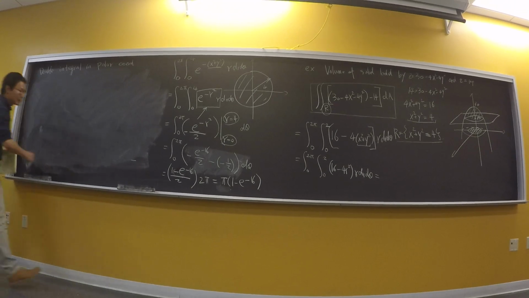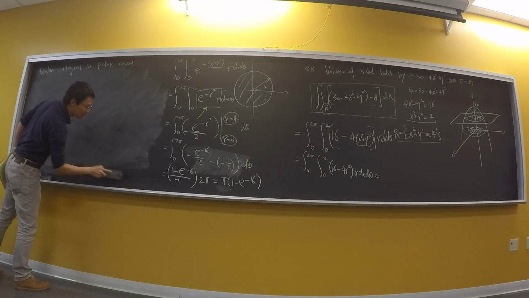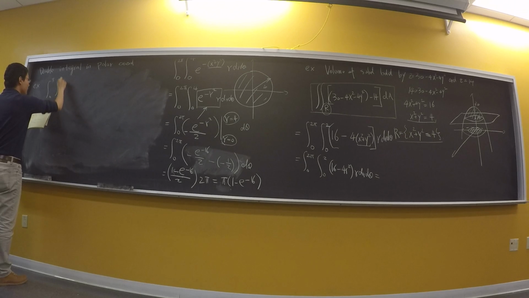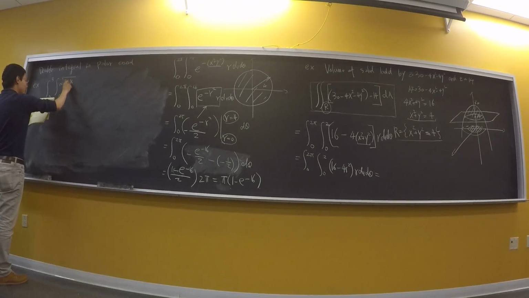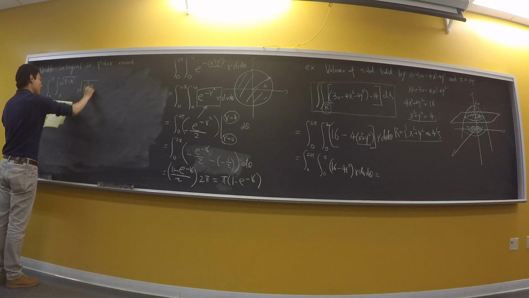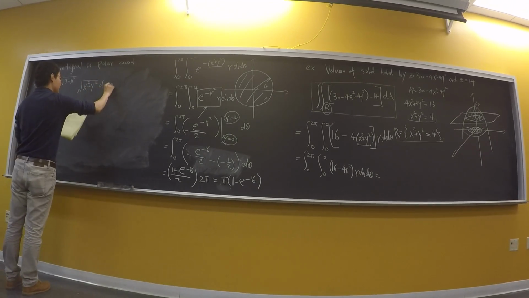So we can indeed translate between x and y simple regions. We can also translate between polar region and x, y simple region. So from 0 to 3, from 0 to the square root of 9 minus x squared, square root of x squared plus y squared, dy dx.